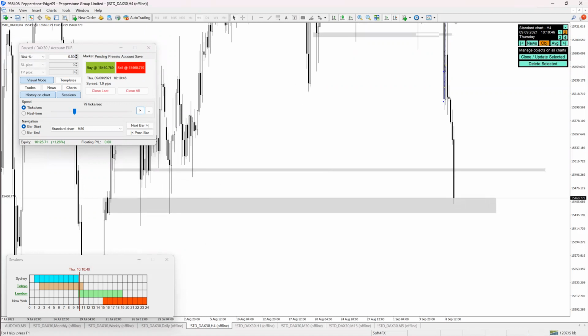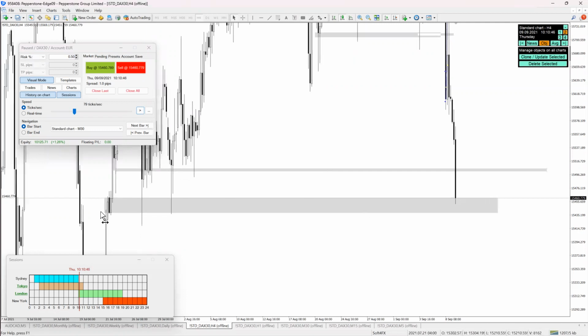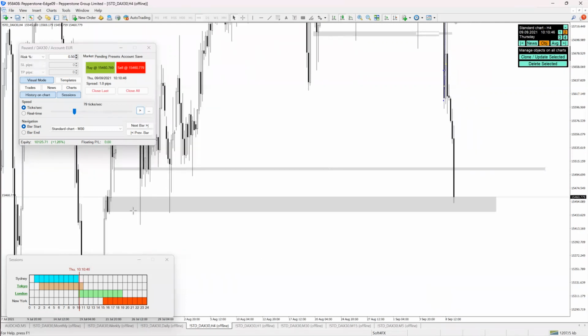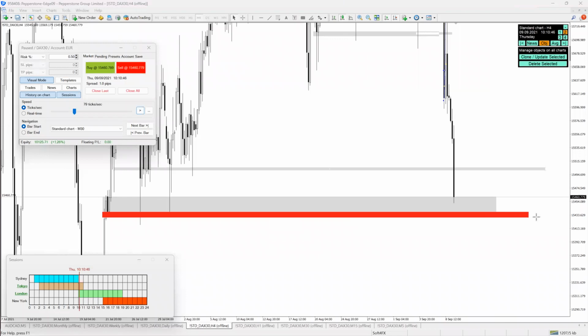So is this going to be like hot water for this candle and reject again, or are we going to break down into this clean range?